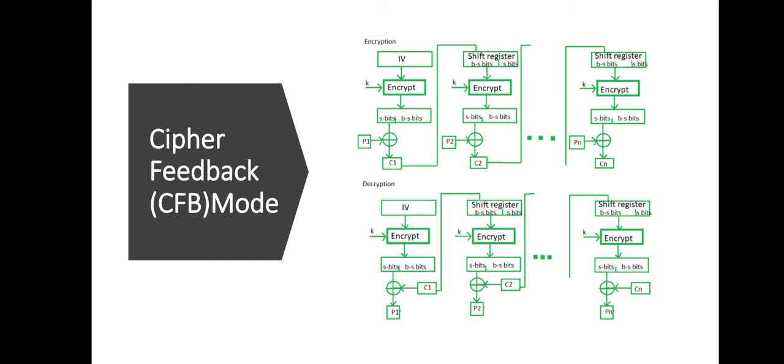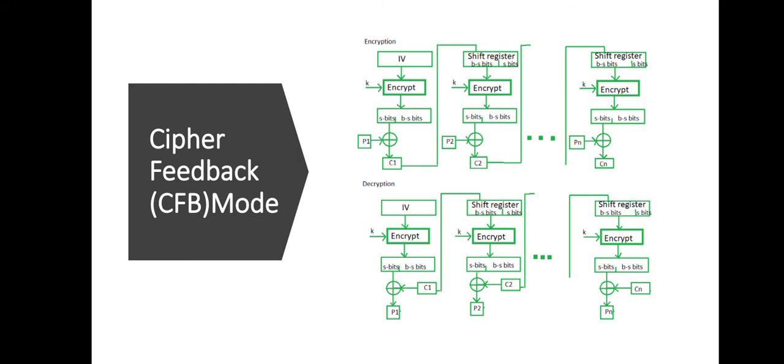Here we are taking the initialization vector, we are performing encryption with the key, then we are getting B bits. We are dividing in two parts, S bits and B minus S bits. Then we are taking S bits and performing XORing with the plain text. Then we are getting ciphertext.